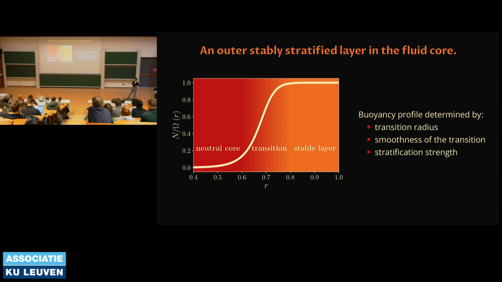In this case, it's 0.7. I can specify how wide that transition is, how smooth it is. In this case, it's very, very smooth. I might make it much stiffer. And finally, I can also say how strongly stratified it is, so I can give a value for the buoyancy frequency at the top of the core.